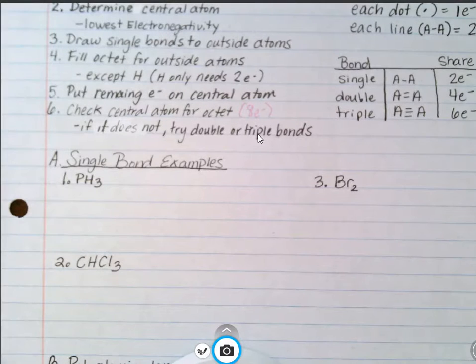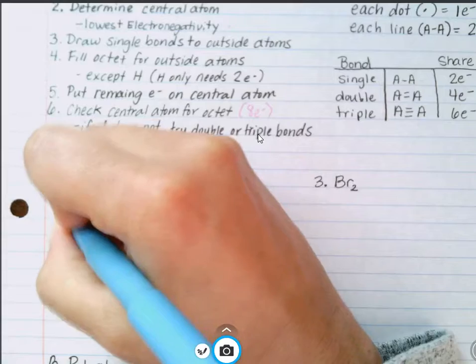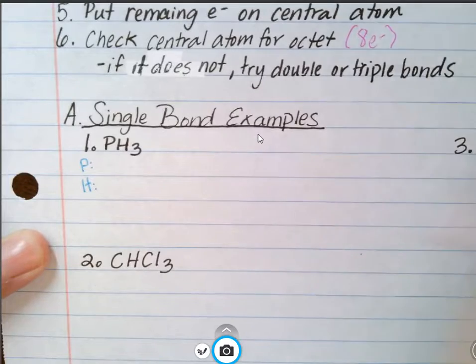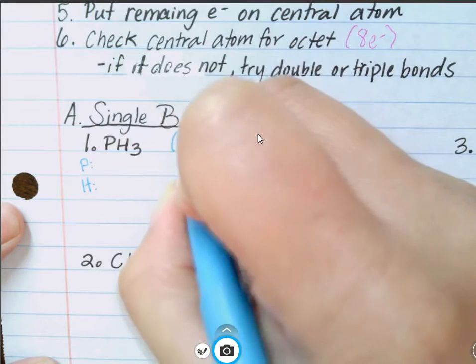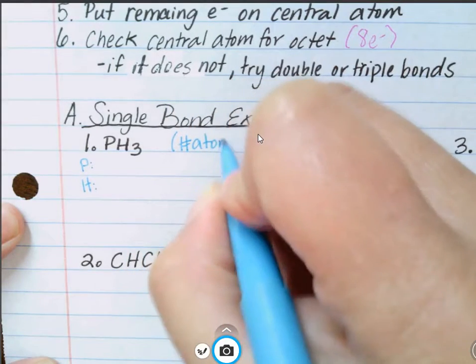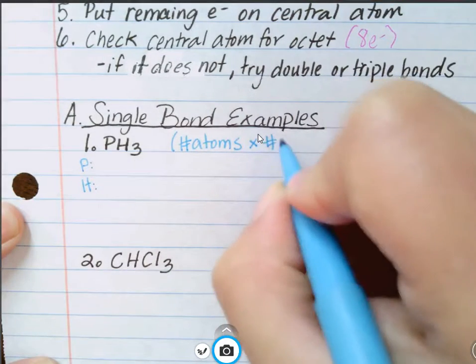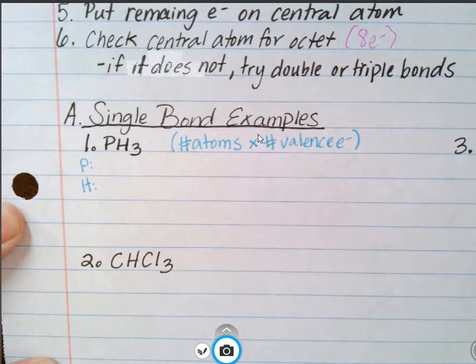Now the first step was to count the valence electrons. So we're going to do that for each element. We have phosphorus and hydrogen. And what I'm going to do, let me zoom in here, is for each one of these, I'm going to take the number of atoms and multiply that by the number of valence electrons for each element in my formula.